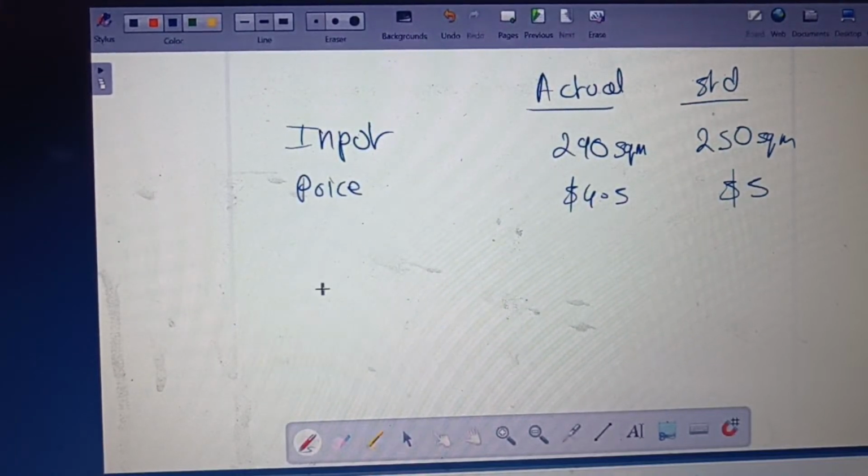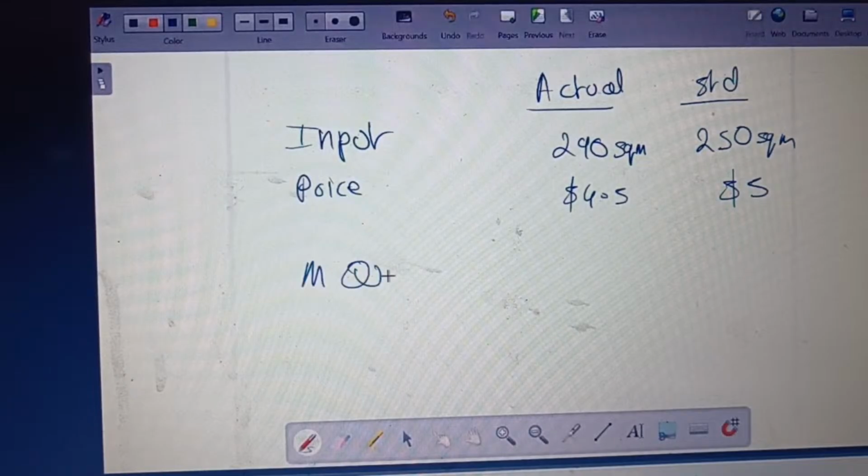Calculate material quantity variance. What is the formula? Material quantity variance: quantity, not price. I'm asking the formula.